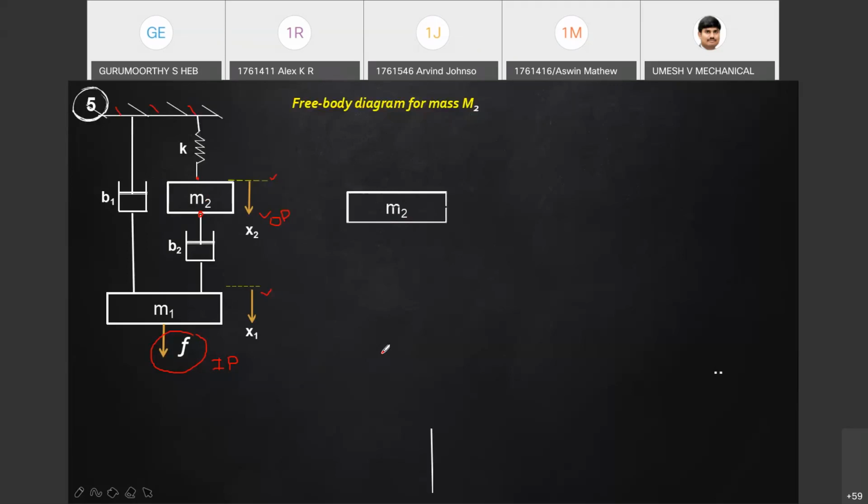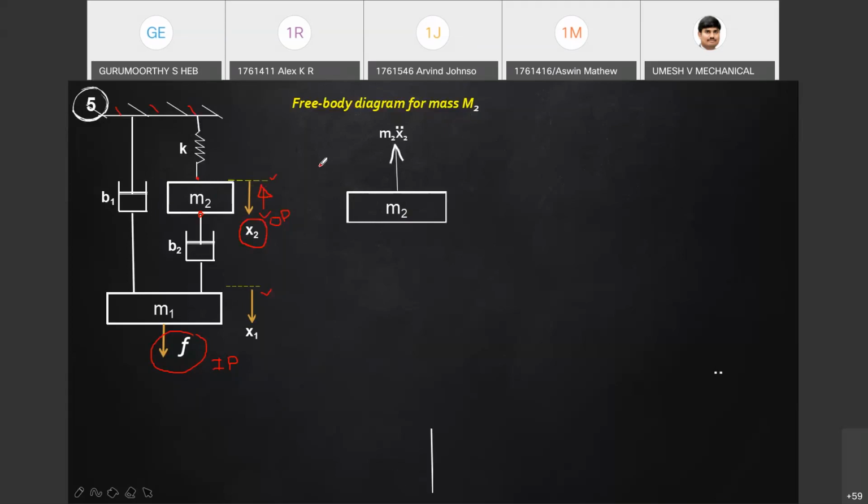If it is also difficult, then either you are not attentive or you are very casual. My part is to tell you how to consider that. If you respond in between, I'll be happy. Otherwise, to continue, I cannot stop here. Inertia force is m2 x2 double dot, opposite, upward.